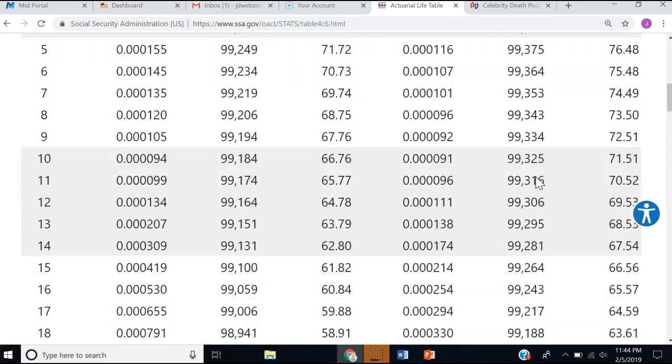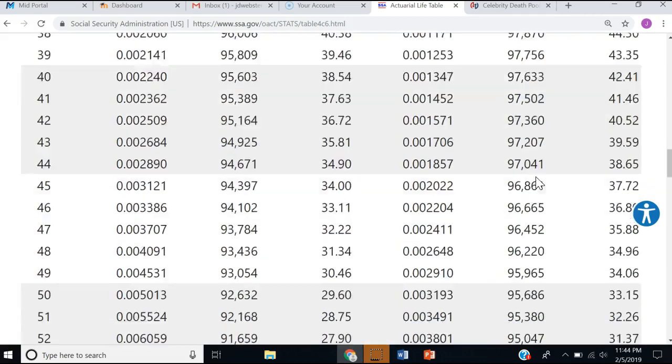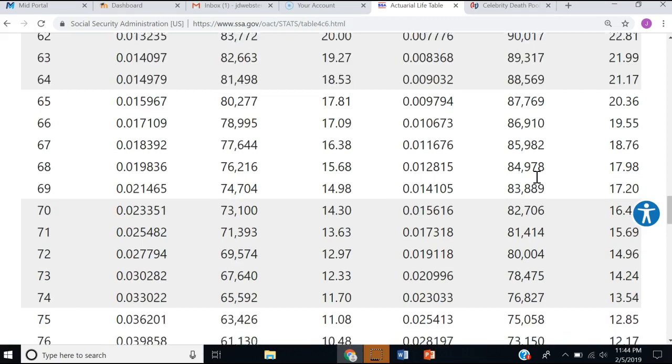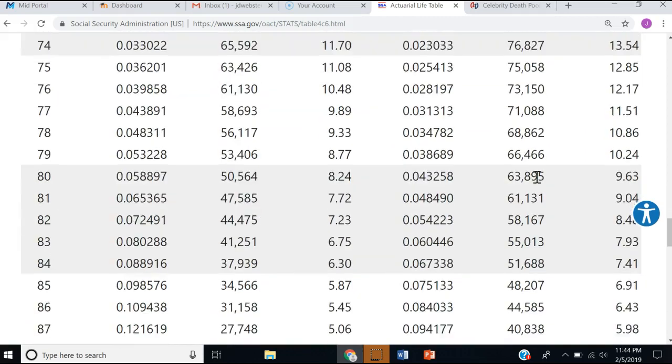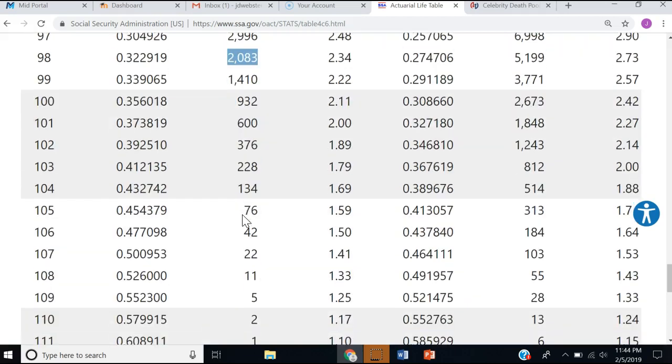And if you do this and you do the probabilities, what you'll see is as you start getting up into older and older ages, what's happening? Well, there's a lot more females who live to be 98 than are males who live to be 98. Okay, so that's kind of what's happening. And if you go up into the 100s, 42 males left compared to 184 females who are left.